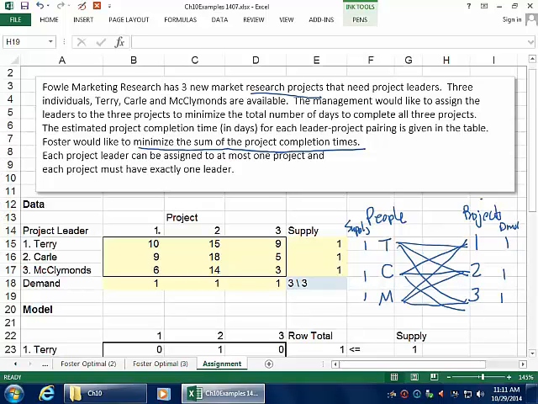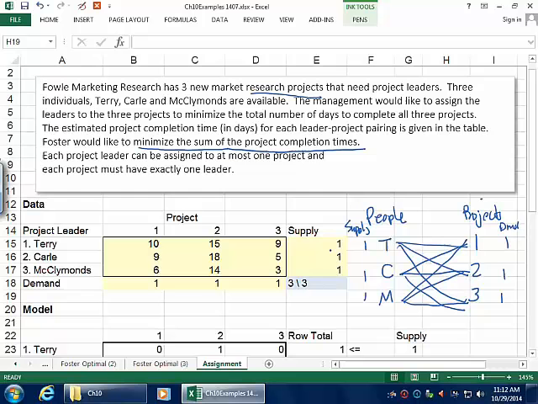Okay, here's a description of the project. What is your estimate of the time it'll take you to finish the project? So maybe Terry said maybe 10 days to finish project 1. But if he was assigned to project 2, it would take him 15 days. If it's 3, it would take him 9 days, and so forth. So these are the time estimates for each pairing, how long it will take if you assign that person to that project.